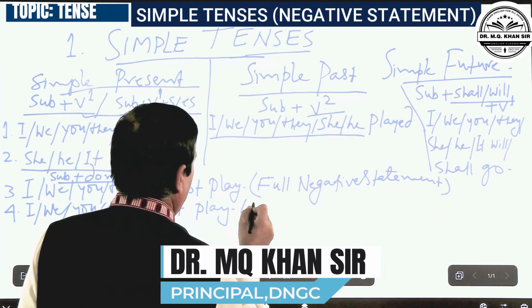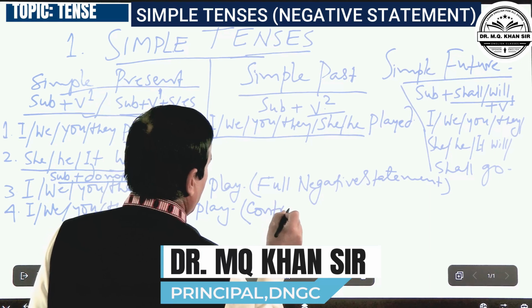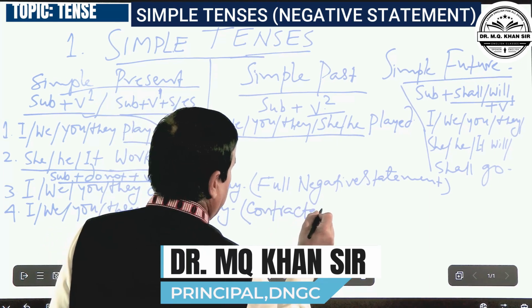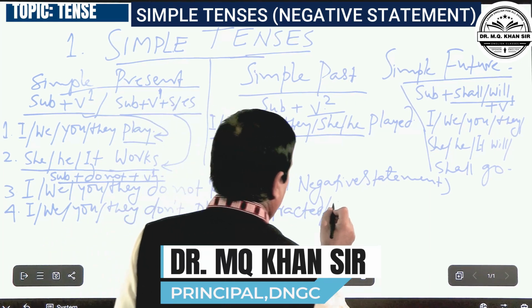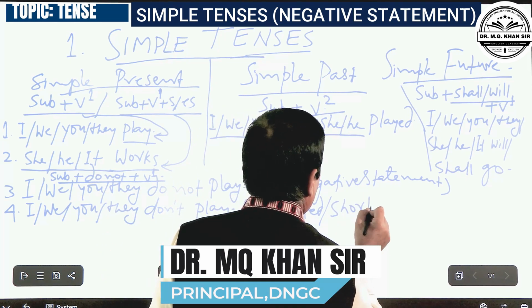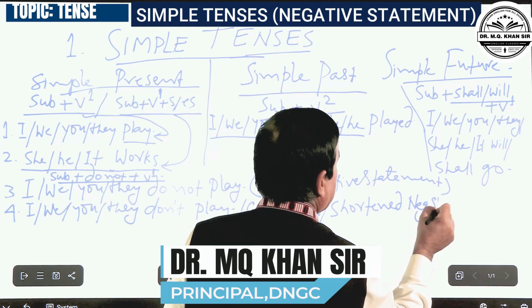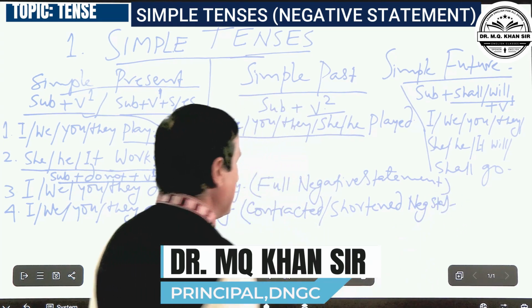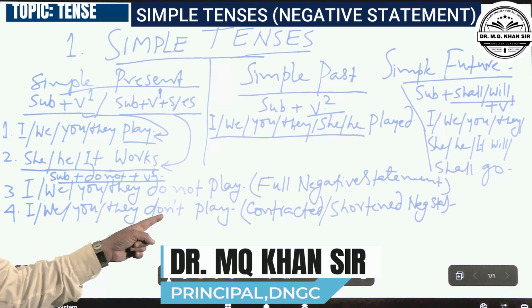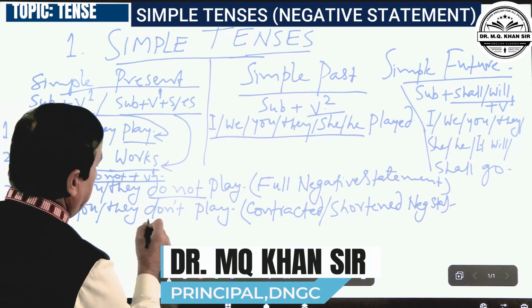And this is contracted, that is also called shortened negative statement. So this contracted and full negative, what is difference?